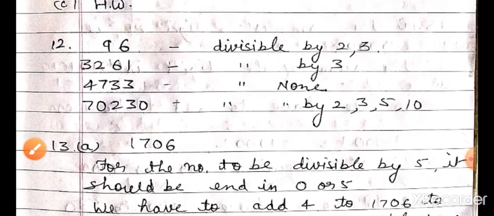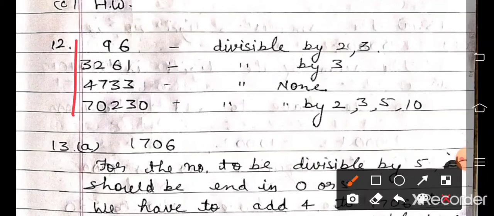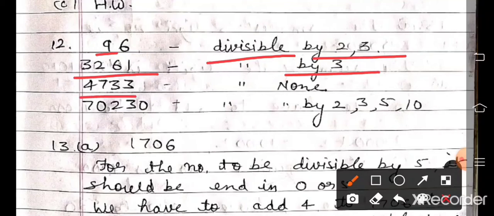Now the question number 12, test 96, 3261, 4733 and 70230 for divisibility by 2, 3, 5 and 10. So write the numbers like this and check. 96 is divisible by 2 and 3. This number by 3 only. This number none.